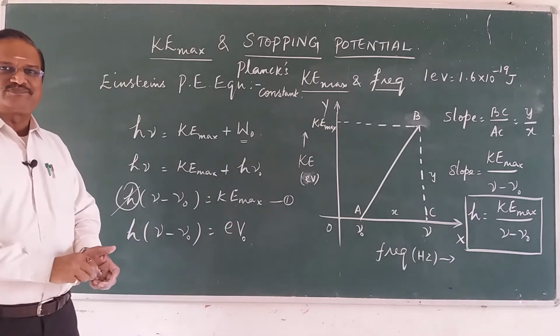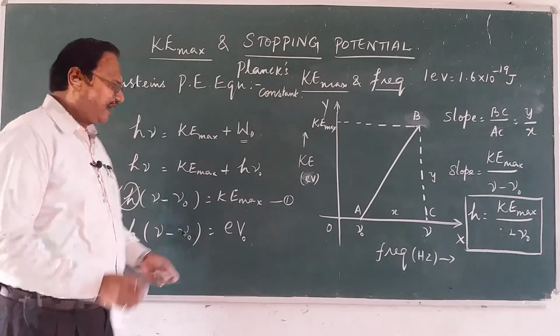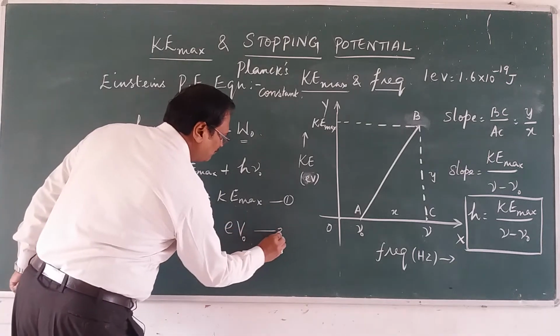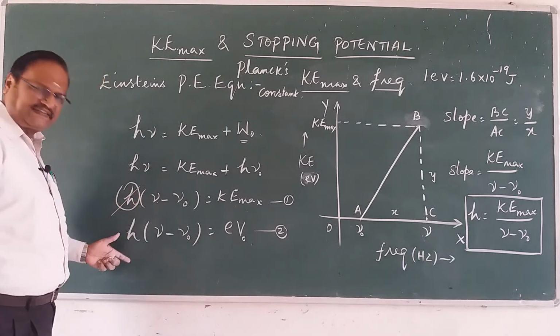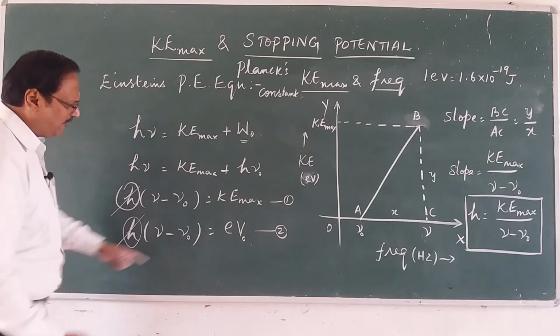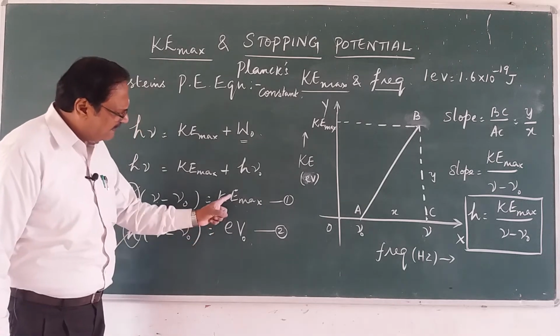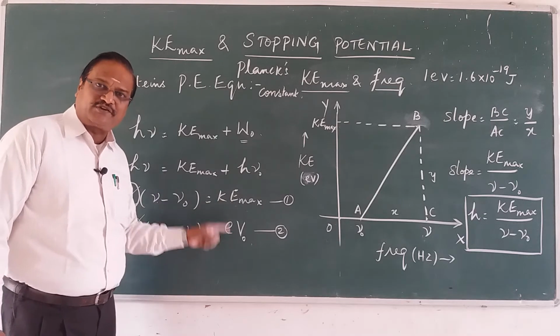It's very simple, right? Now a small change I am going to make. I am going to take equation number 2. Here, instead of kinetic energy maximum, the LHS is the same. I am not worried about the LHS now, right? And I am going to say that on the RHS, kinetic energy is replaced by potential energy.